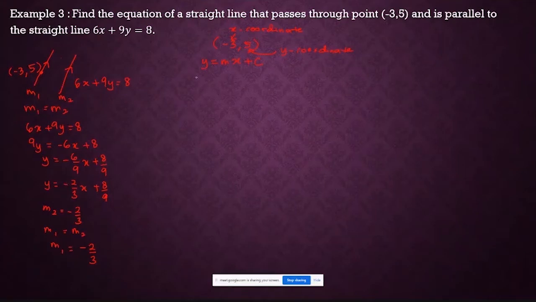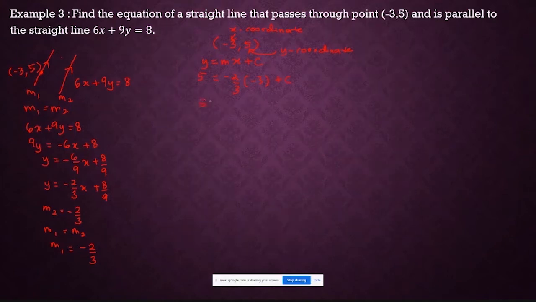As I said before, this is the y coordinate for one point, the x coordinate for one point, m is the gradient, c is the y-intercept. So we can substitute y as 5, the gradient as negative 2 over 3, and x as negative 3. Then we can find the value of c, the y-intercept.